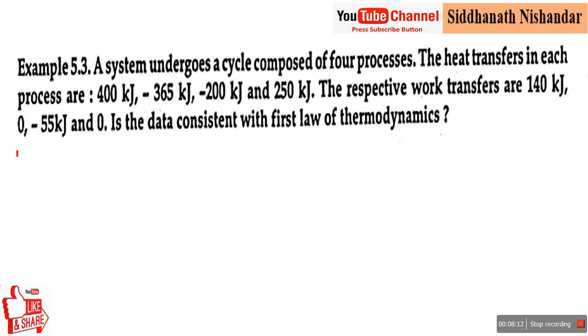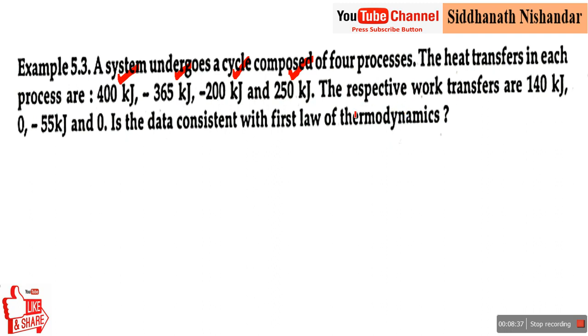They have given the heat transfer value Q for each of the 4 processes. If you observe, some Q is positive, some Q is negative. A positive Q means heat is added in that process, in the next process heat is rejected, again added, and the cycle goes on.